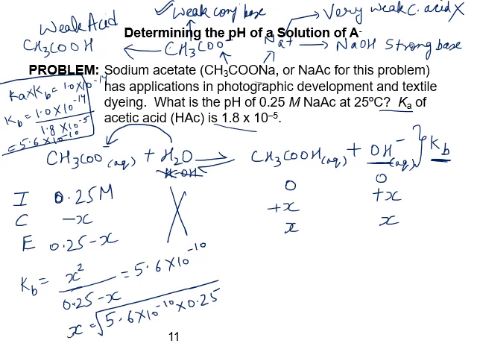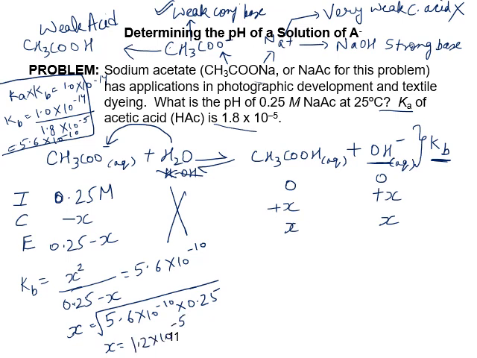If you don't, look back at some of the previous examples or the previous videos. x from here, if you solve it, comes out to 1.2 times 10 raised to the power minus 5.